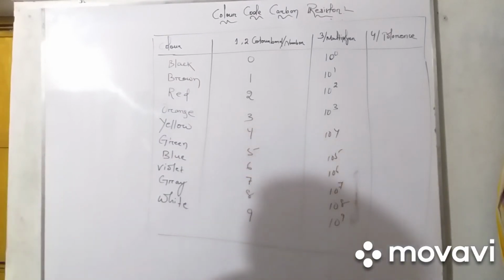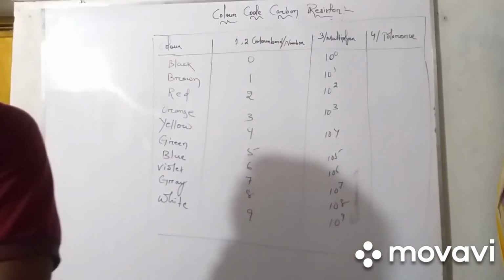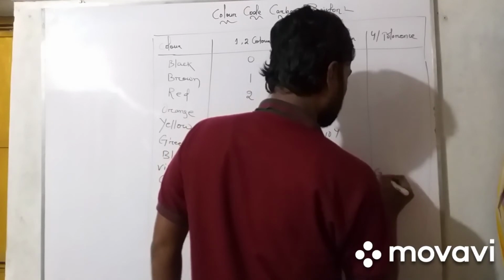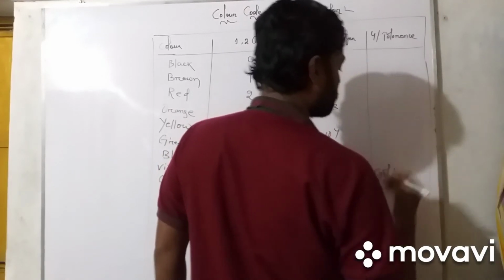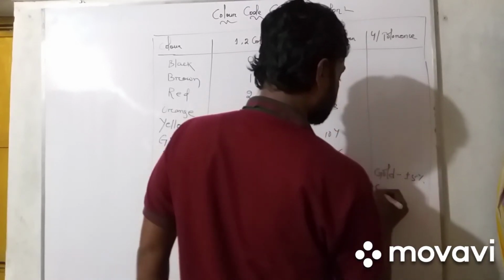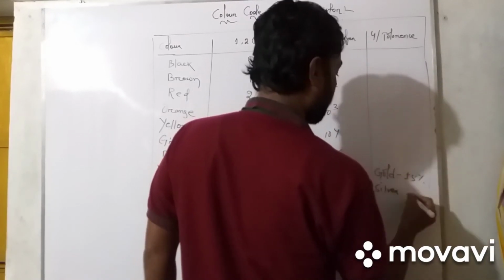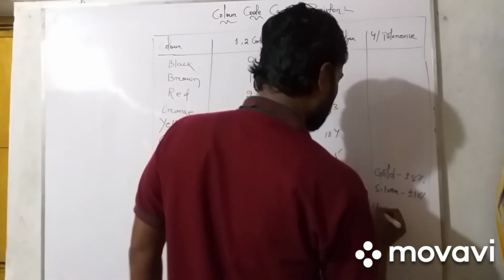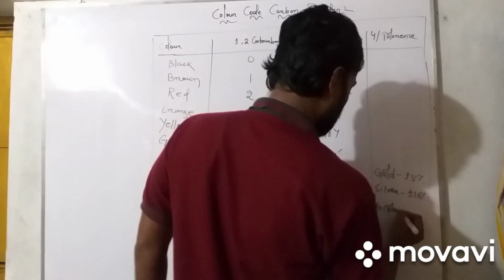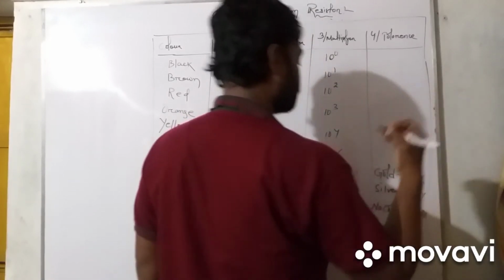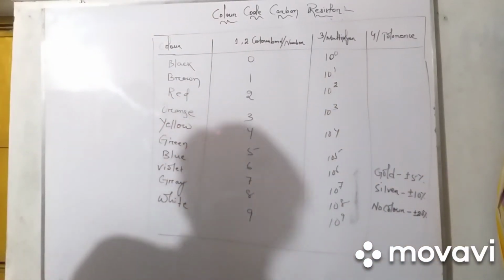But in several colors, like gold, whose tolerance is plus or minus 5%, and silver, plus or minus 10%, and also no color, whose tolerance is plus or minus 20%.